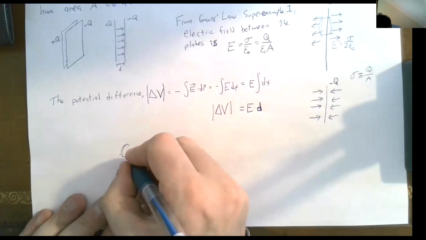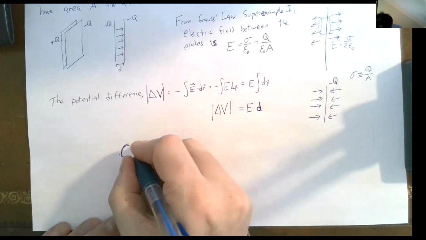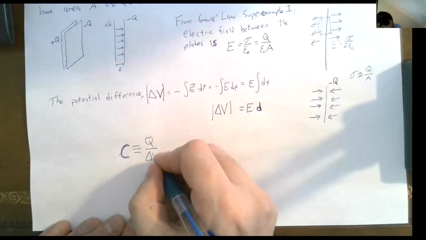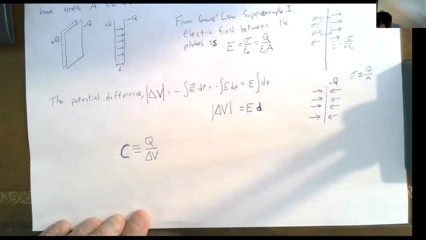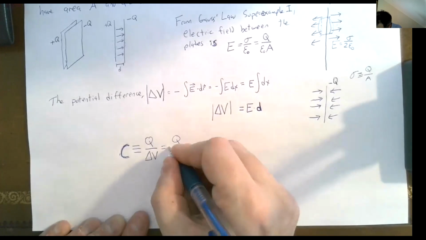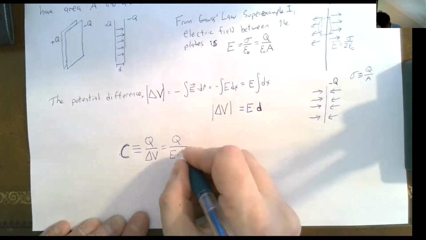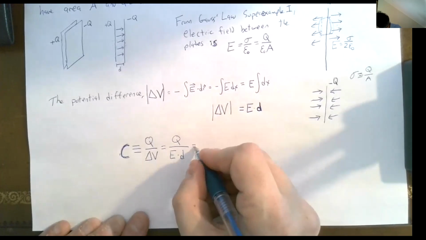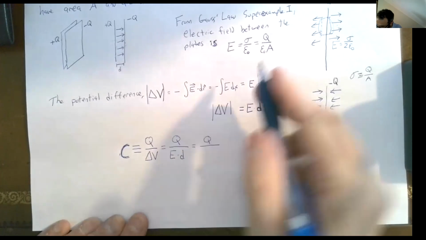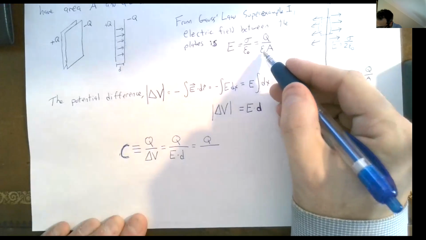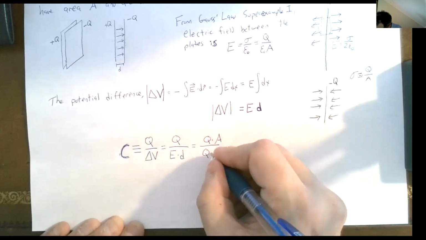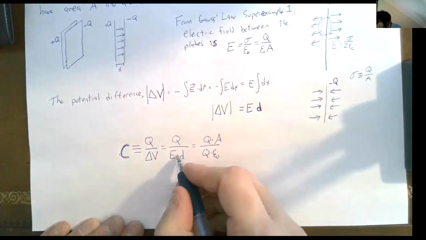We know the definition of capacitance is the ratio of the charge to the potential difference, which is equal to the charge over the electric field times d. The electric field is Q over epsilon naught A. If I'm dividing by that, I multiply by A over Q times epsilon naught, and I still have this d in the denominator.